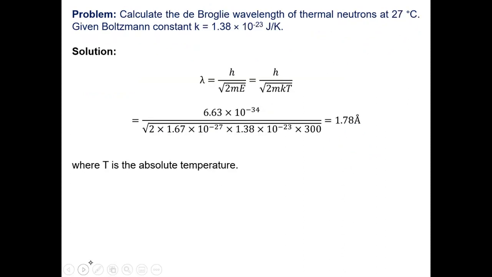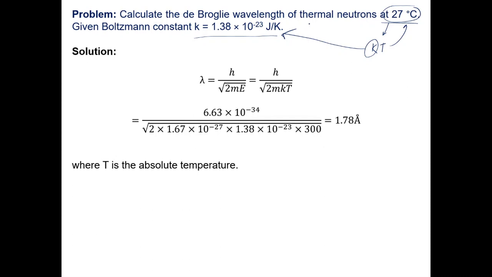Okay, now calculate the De-Broglie wavelength of thermal neutrons. You get the temperature, so from the temperature you can calculate the kinetic energy, and you have the Boltzmann constant given to you, right? So how do we calculate the energy? These are thermal neutrons, so the energy is nothing but kT, where T is the temperature and k is the Boltzmann constant.